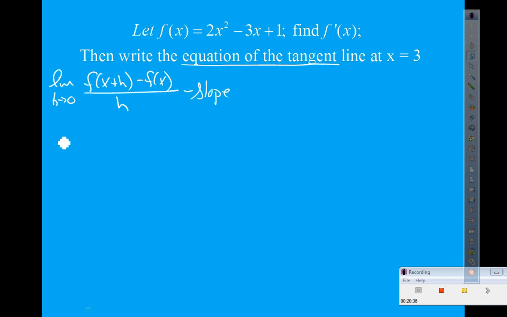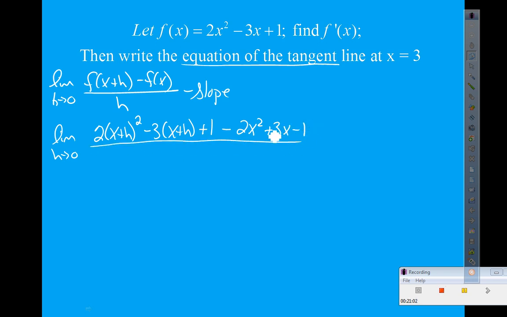So here's what I've got real fast, guys. I've got the limit as h approaches 0 of 2 times x plus h quantity squared minus 3 times x plus h plus 1 minus 2x squared plus 3x minus 1. Notice I distributed my negative sign. All over h.